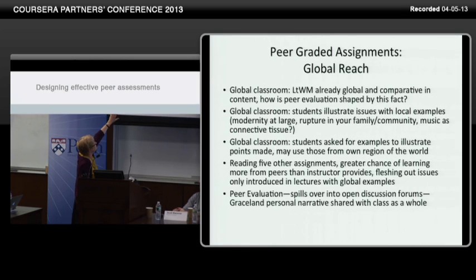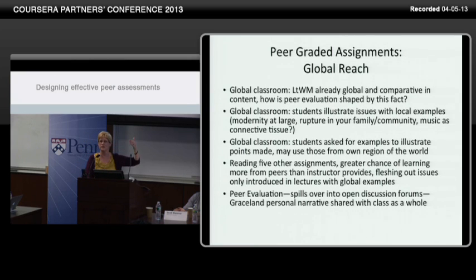Okay, but I'm just going to very quickly say that one of the advantages of the peer review process, this particular mode of learning and examining, is the global dimension to it. For example, we had a conversation about apartheid and modernity at large, and it was issues of rupture.